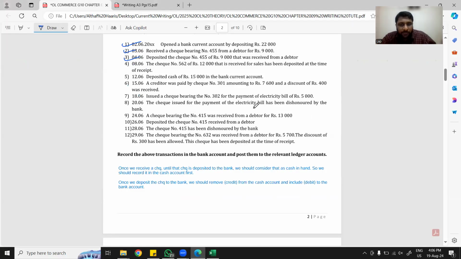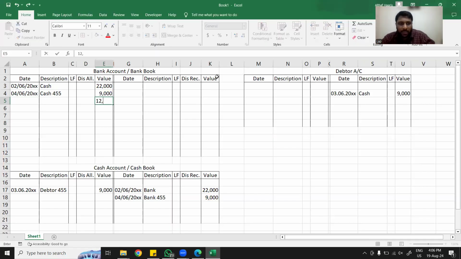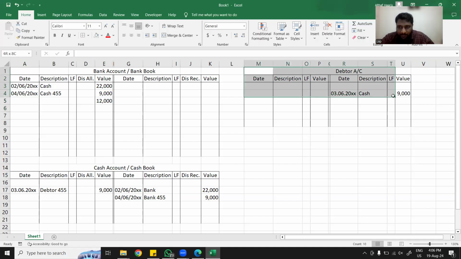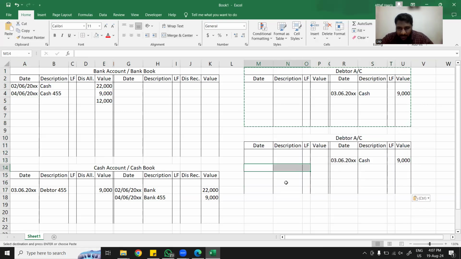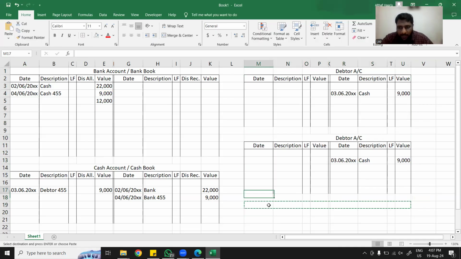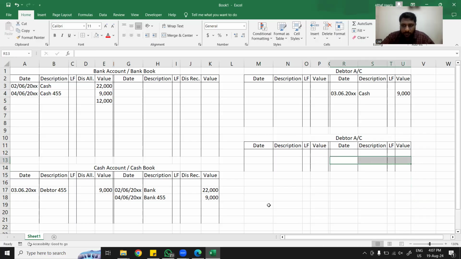So what's the amount? 12,000. Bank is increasing. Let's open another account for the sales. For sales, we don't need a big one. I would say 3 lines again is enough. 12,000.